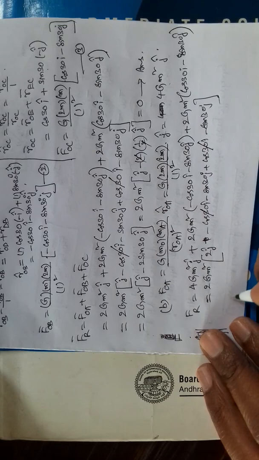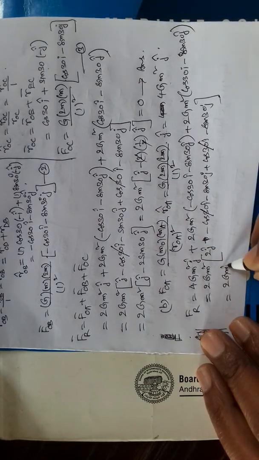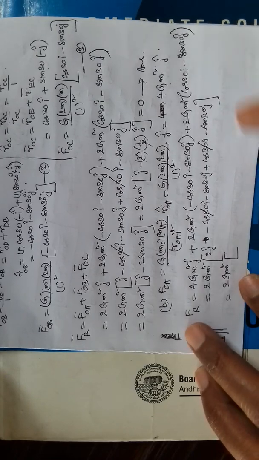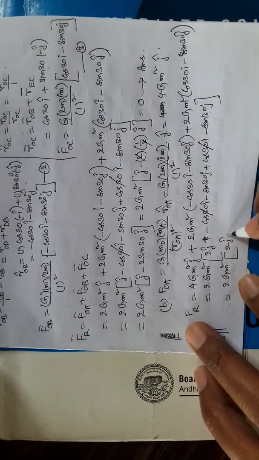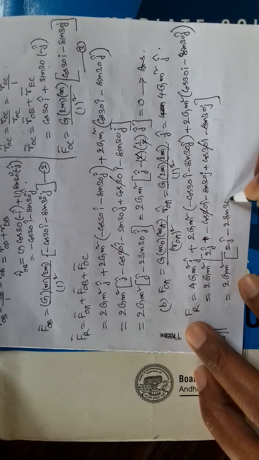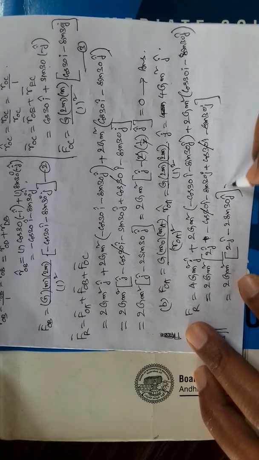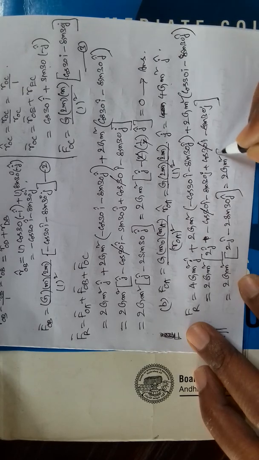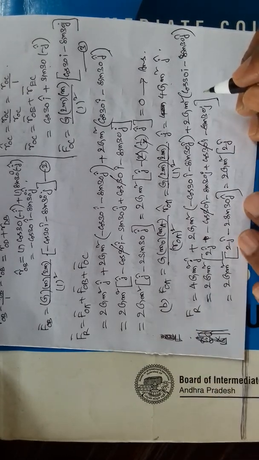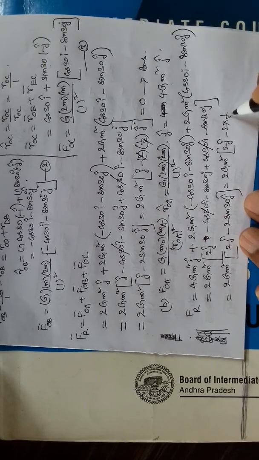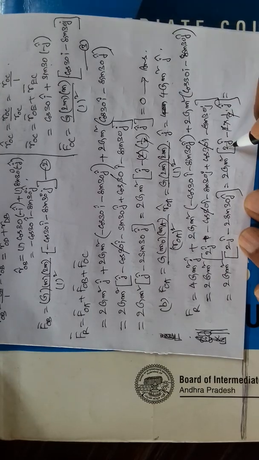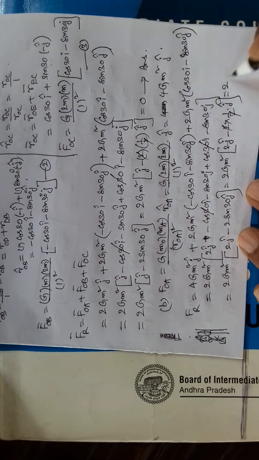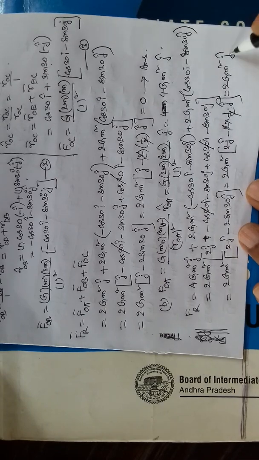So we get 2Gm square, 2j minus sin 30 j minus sin 30 j, minus 2 sin 30 j. So 2Gm square, 2j minus sin 30 value 1 by 2, j, 2j minus j. So this is the second answer.